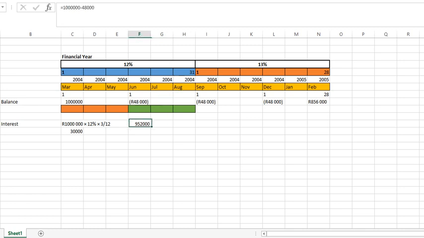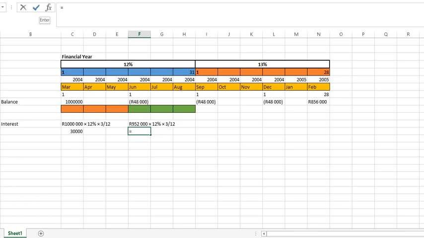And that's going to be at a rate of 12%. So we're going to say 952,000 Rand multiplied by our interest rate of 12% multiplied by 3 out of 12 months.